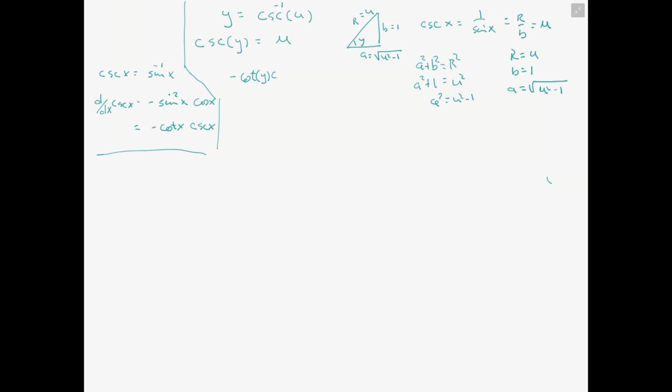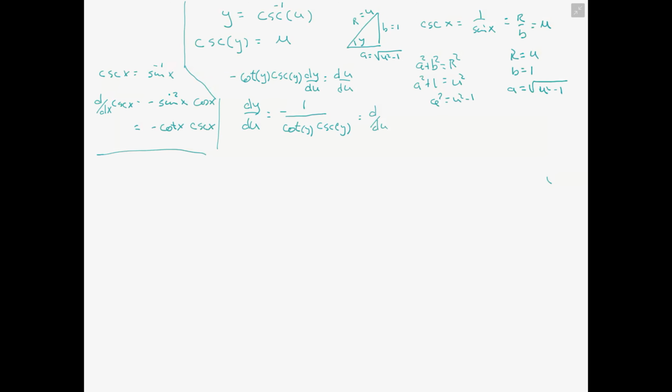Okay, cosecant y dy du equals du. So dy du equals minus 1 over cotangent y and cosecant y.